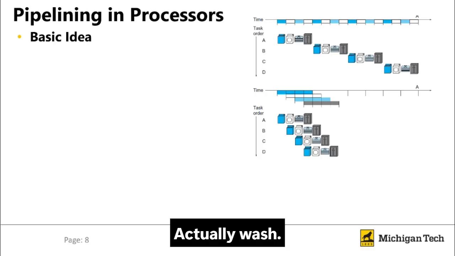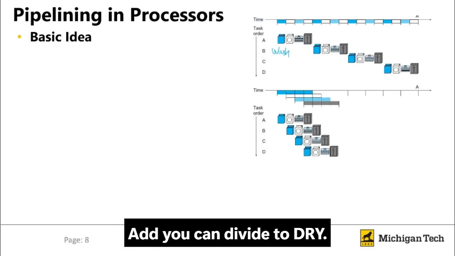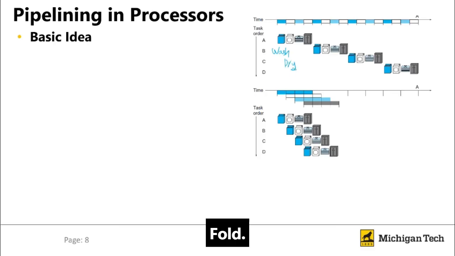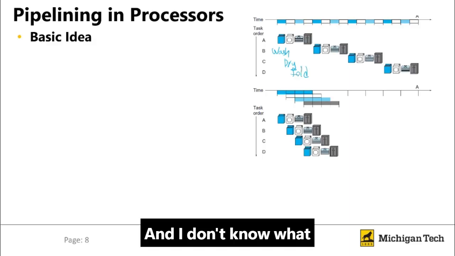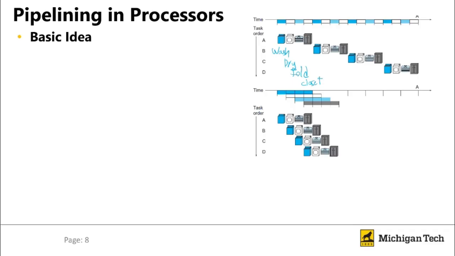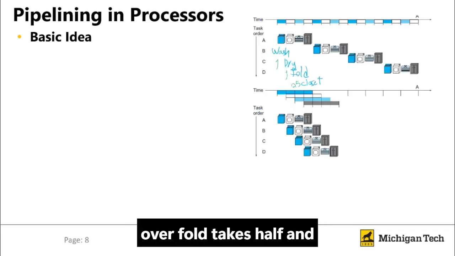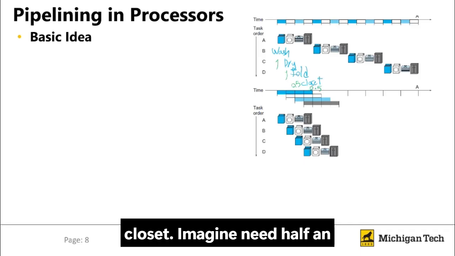you can divide the job into washing, drying, folding, and putting it away in the closet. Imagine washing takes 1 hour, drying also takes 1 hour, folding takes half an hour, and putting in a closet needs half an hour as well.